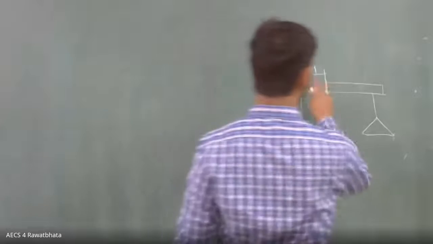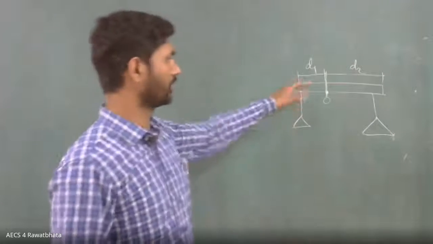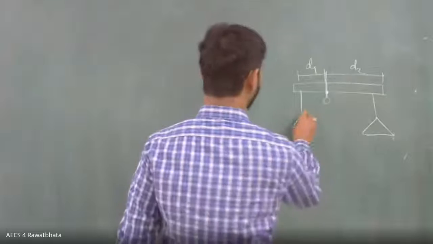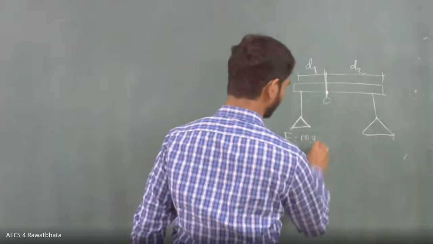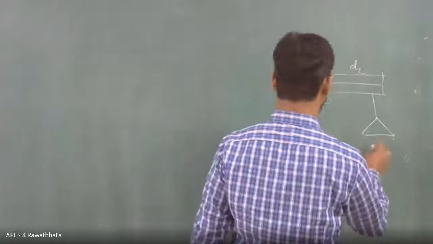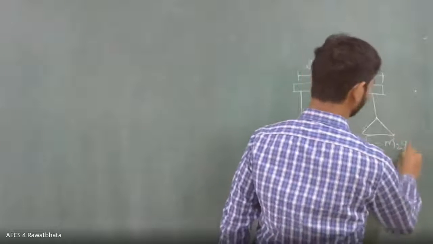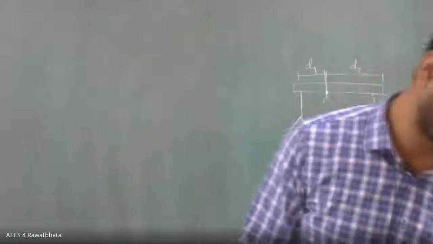So this is the distance d1, this is distance d2. They are different, not the same. d1 is maybe smaller, d2 is larger, or the other way around, no problem. And some weight m1 is there, so the force will be m1g, and another weight with mass m2 is there, so the force will be m2g. Okay, so this is the situation.